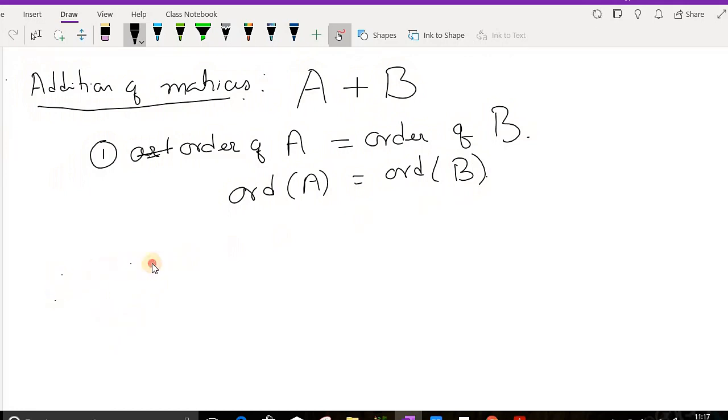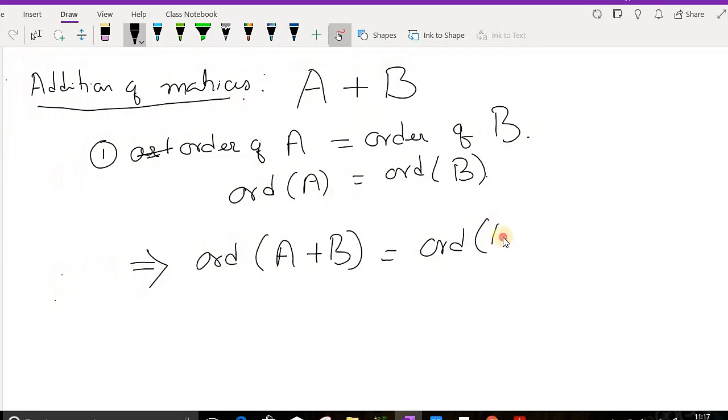Then this will imply the first condition here: the order of A plus B will be equal to this, the order of A and order of B, they are equal. We can add only two matrices of the same order, first thing.